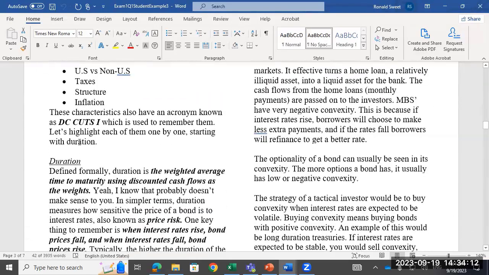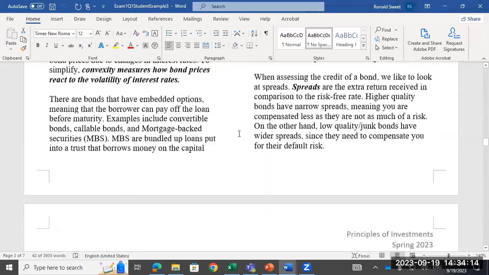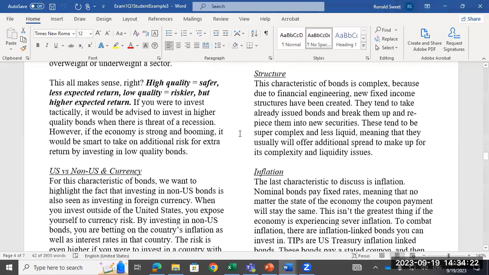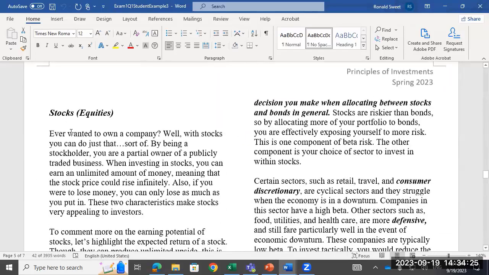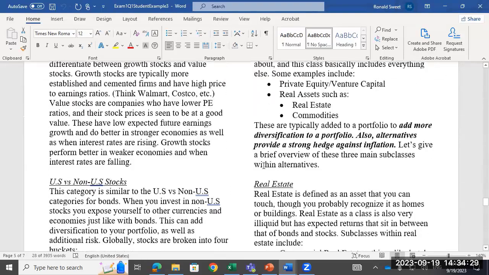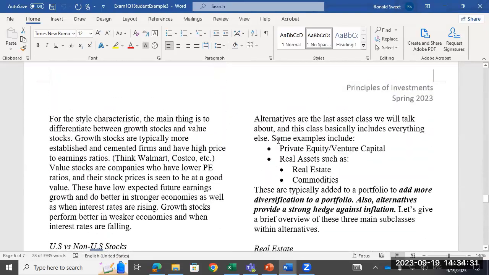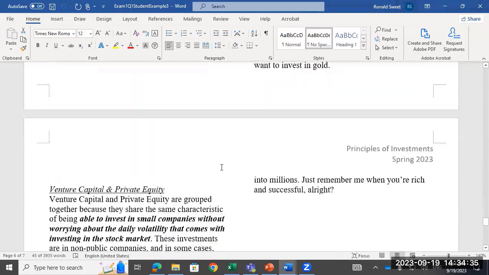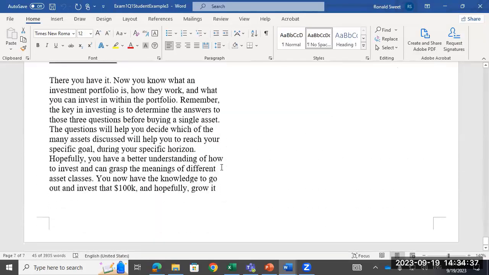Then gets into the bonds, DCCUSI, goes through each one of those. Remember, for each one of them, you give a definition, subcategories, and then the strategy. Very important that you do the strategy on each one of these. Then stocks, intro to stocks, and then BUCS. And then alternatives, including a short introduction to alternatives. We'll talk about that here pretty soon. And then goes through the alternatives.